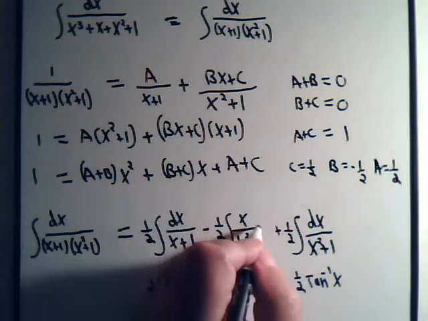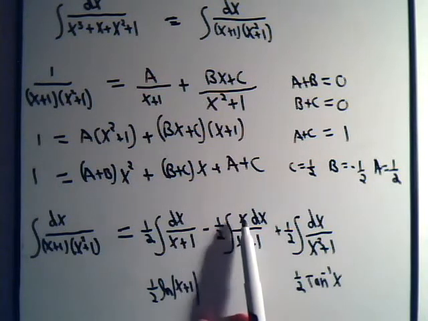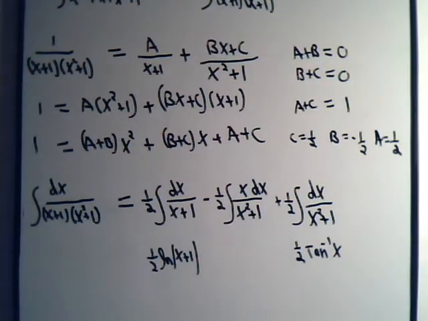And what about this one? Well, we forgot to write our dx. Let's look at this integral here. It should fall right apart for us. x dx divided by x squared plus 1. Call this u. If u equals x squared plus 1, du would equal 2x dx, so 1/2 of du will equal x dx, which is what this is.